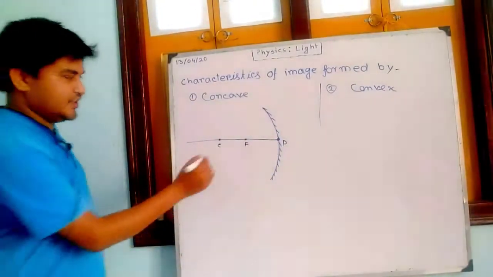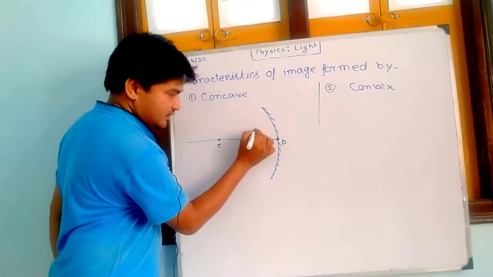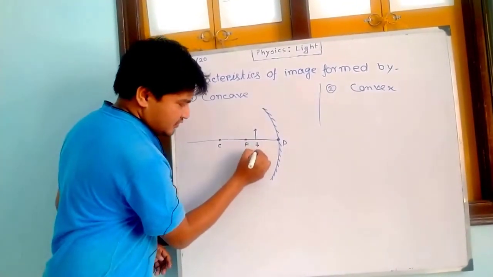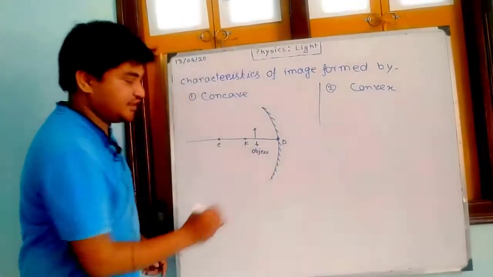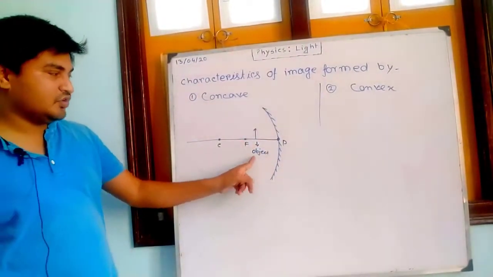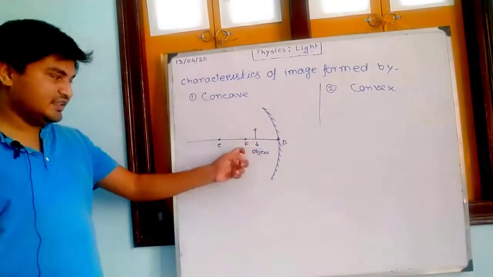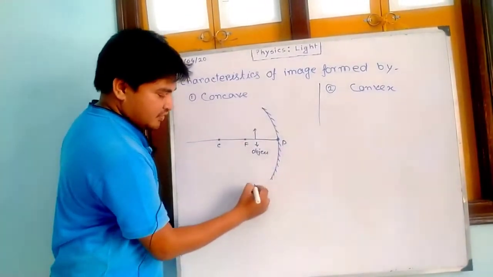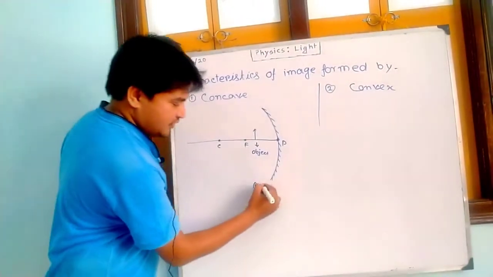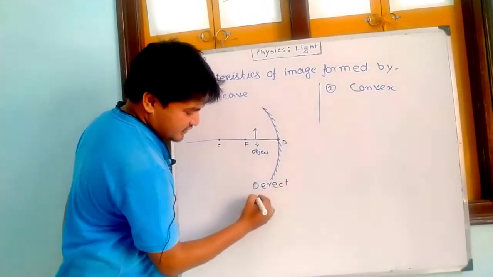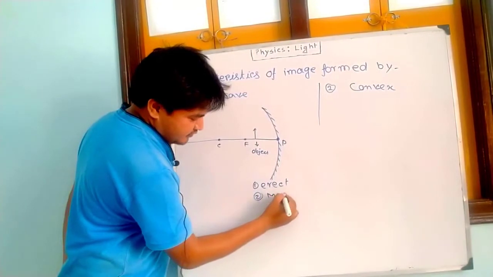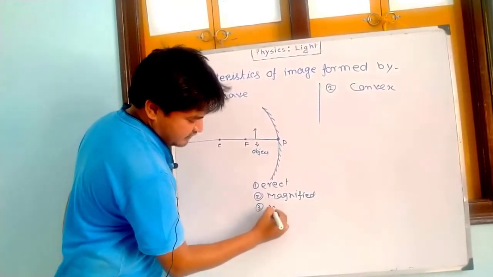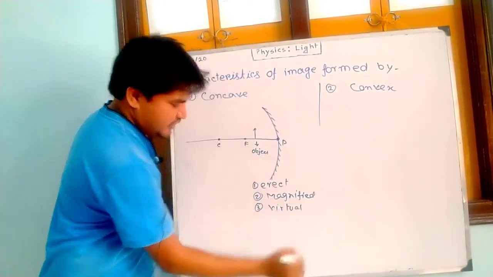If the object is between the focus and the pole, that is, the object distance from the pole is less than the focal length, then the nature of the image will be: first, erect; second, magnified; and third, virtual.